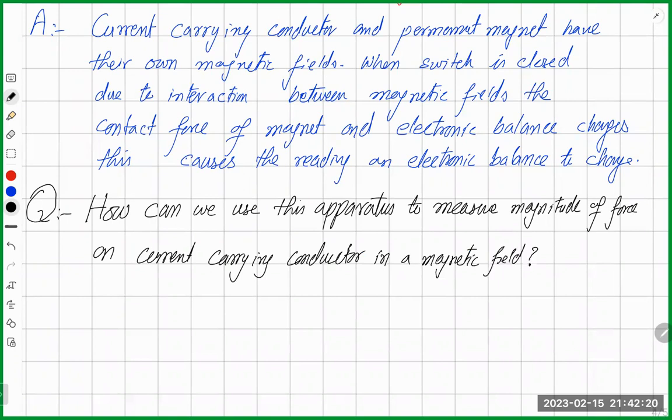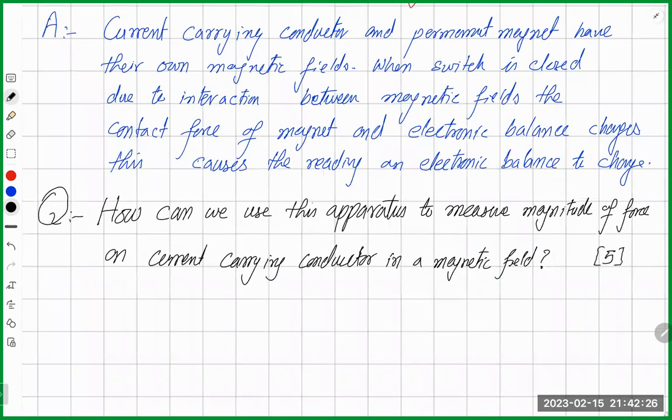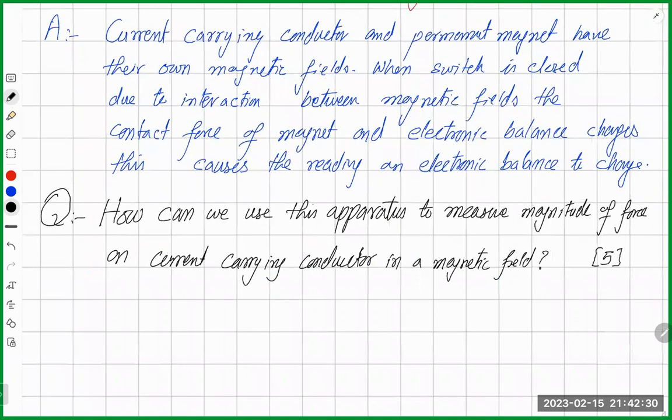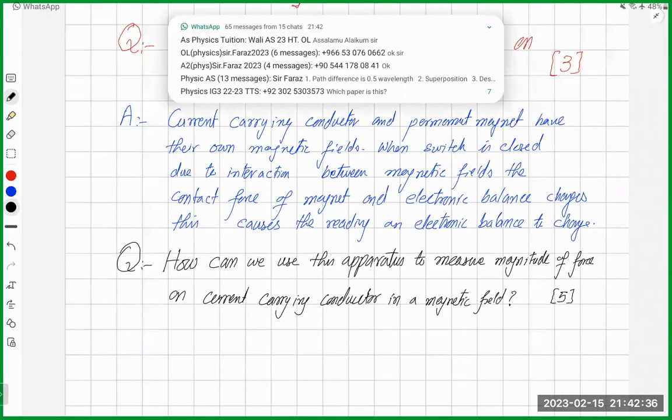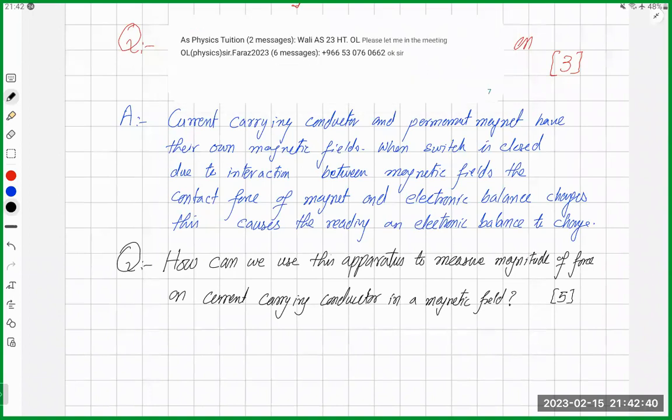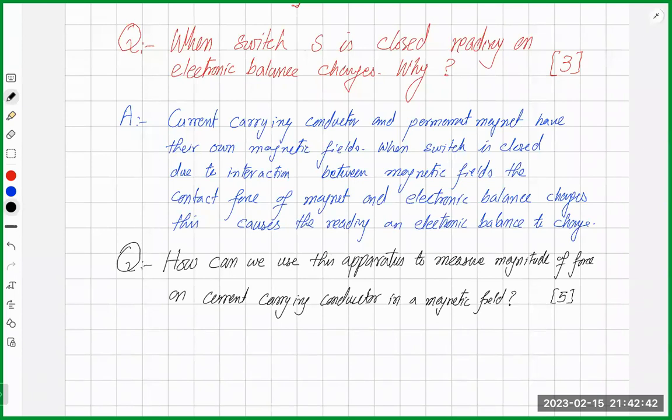It is a 5-mark question. I need the complete details. What quantities do we need to measure and how can we find out the force that is acting on a current carrying conductor in a magnetic field?